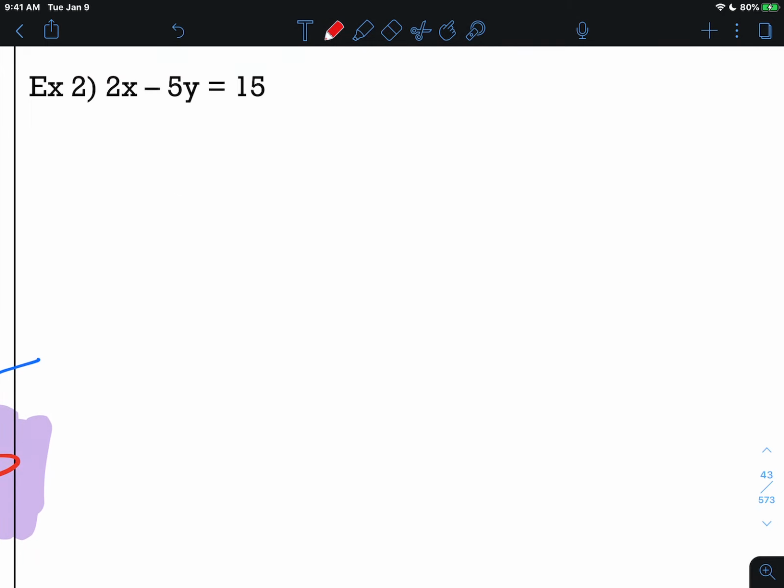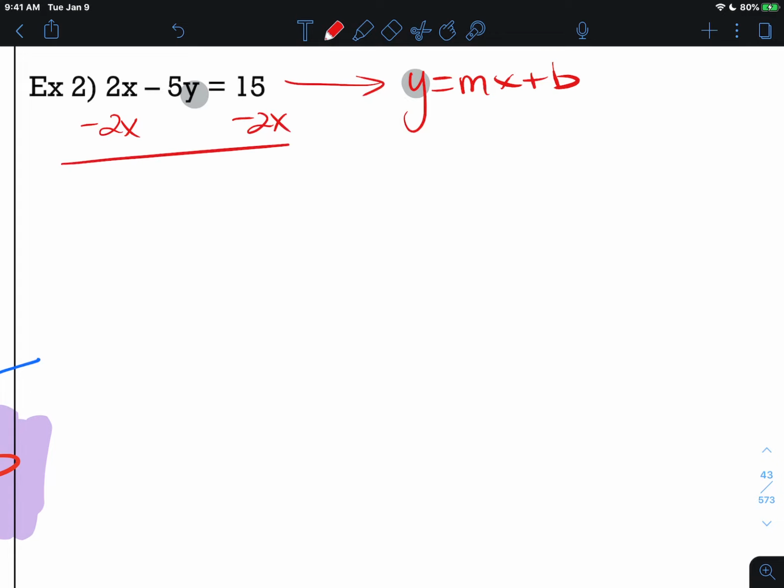Example number 2. Alrighty. So I need to make it look like y equals mx plus c. And I write this every time just to remind myself where I'm headed to, okay? So I'm going to go ahead. I need to get my y's by themselves. I'm going to do my exciting move. Notice how that negative stays with my y.